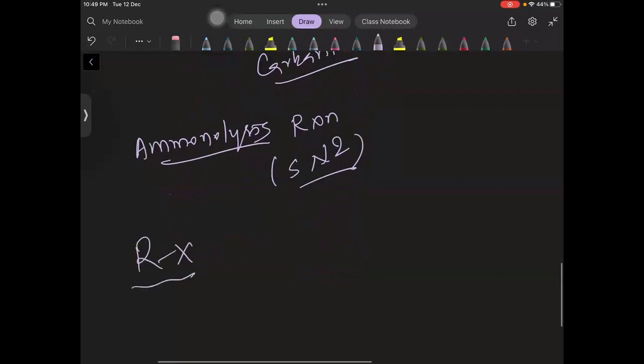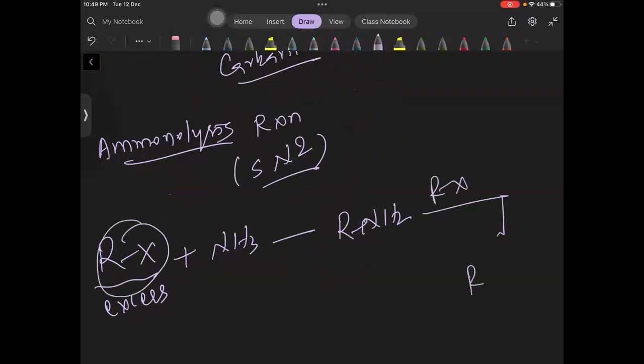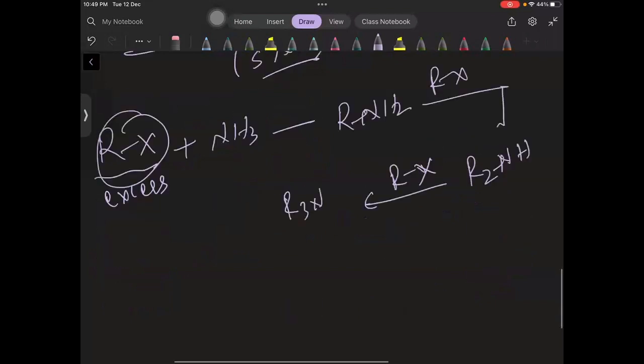We have RX in excess, and ammonia. That forms RNH2. Again taking RX, that forms R2NH, then R3N, and then R4N+ X negative.